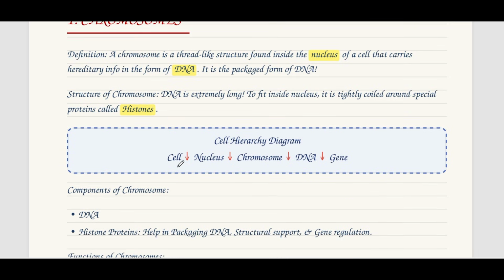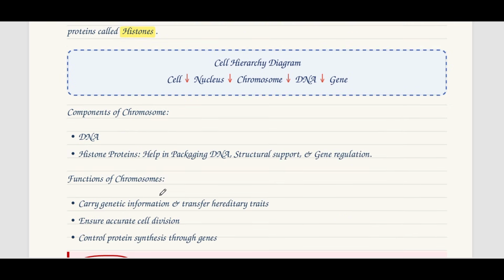Consider taking one cell from your body. In the cell we have a nucleus, in that nucleus we have chromosomes, in that chromosome we have DNA, and in that DNA we have genes. This is the hierarchy diagram.